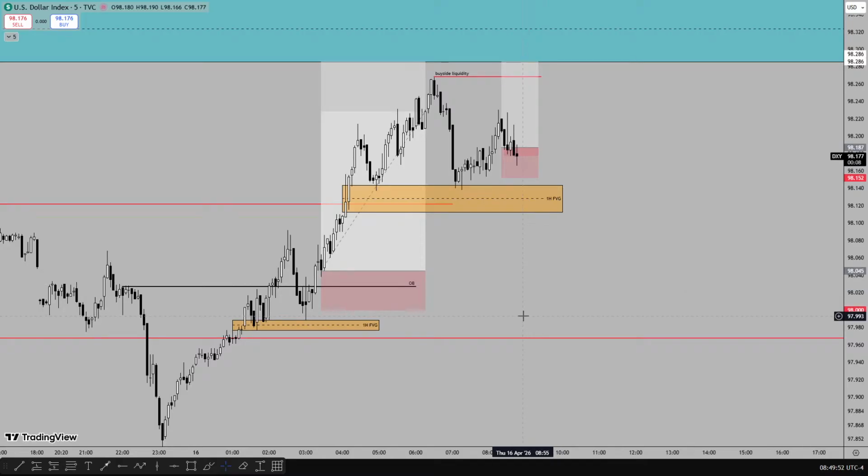Recently I've put my whole focus into Euro USD and the dollar index, and whenever I'm taking trades on Euro USD, my overall risk is never above 2%.